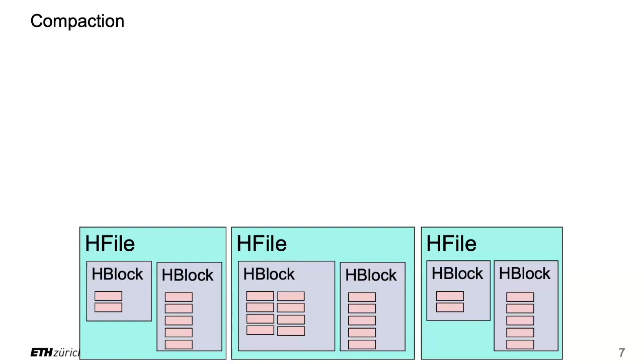In fact, who remembers merge sort? Right? Merge sort means you sort subsets of the inputs, and then you merge the intermediate output that is already sorted. Overall, it's n log n, but in that case, we only do the second part of merge sort. We already had our pre-sorted HFiles, and all we need to do is merge them.